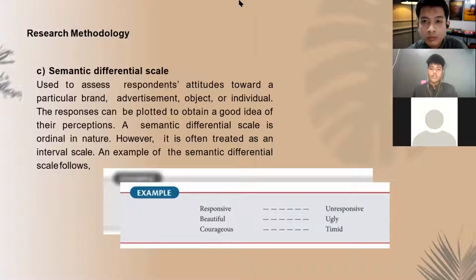However, it is often treated as an interval scale. An example of the semantic differential scale follows. So this is the example: responsive to unresponsive, beautiful to ugly, and courageous to timid.